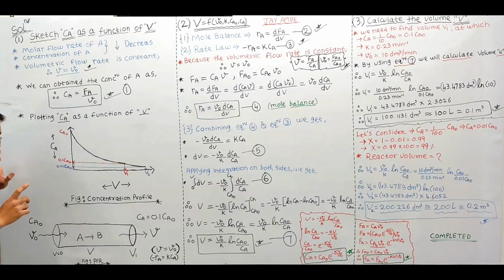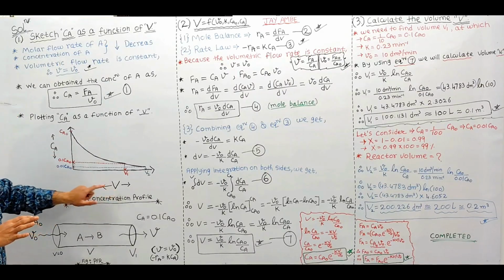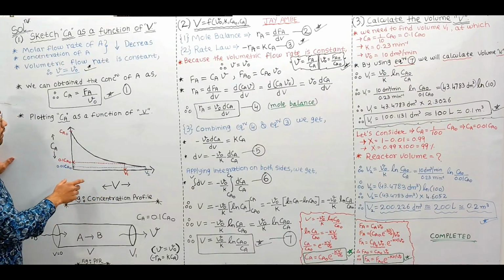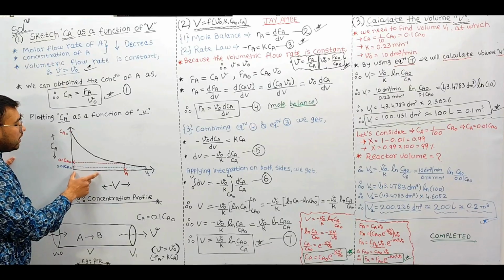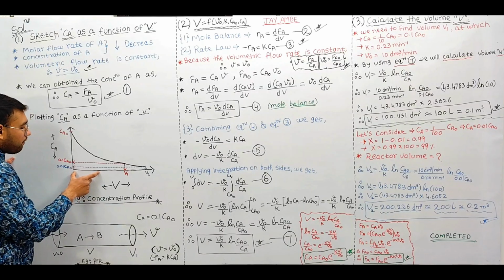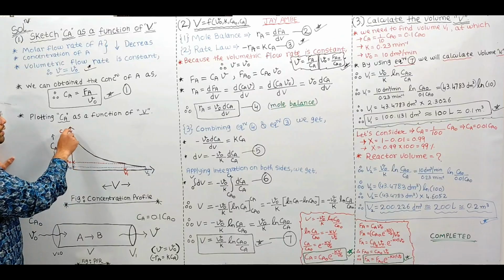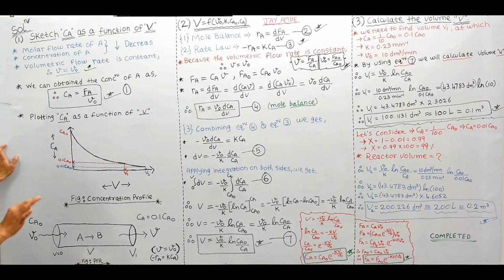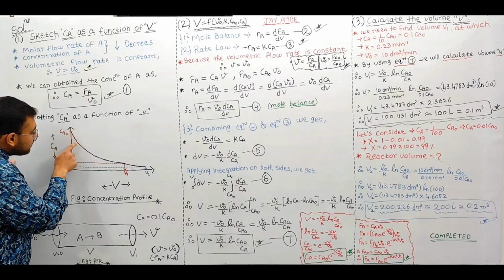So for those reasons, if we plot the graph of concentration versus volume, we can see that at the initial volume of the plug flow reactor we have the steepest slope.